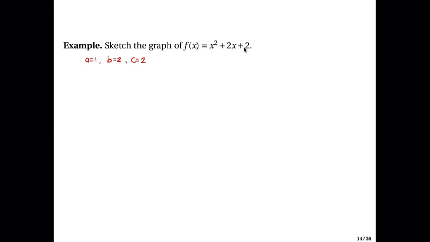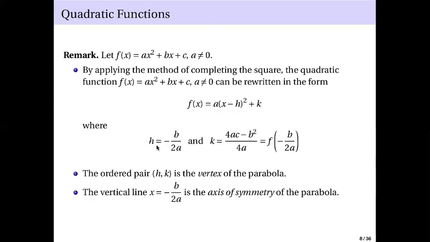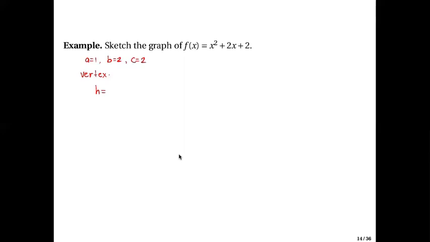So let's find the vertex of this. To find the vertex, we need h. According to this slide here, h is negative b over 2a.